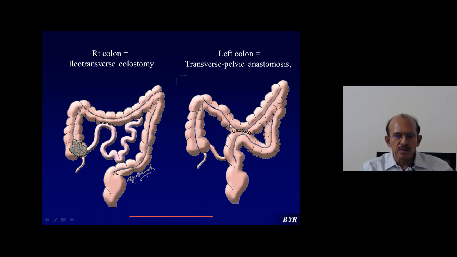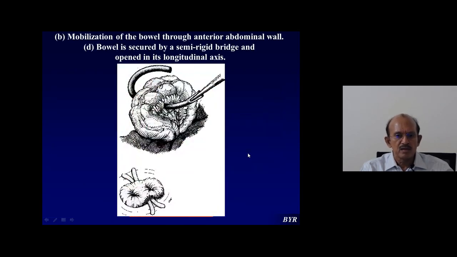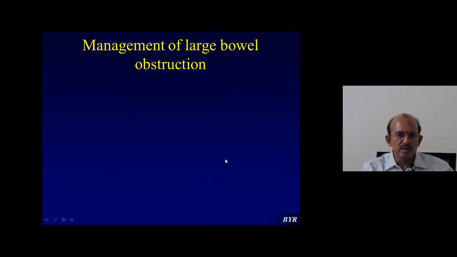This is transverse pelvic anastomosis. This is descending colostomy for a rectal cancer. For hepatic flexure growth, if the patient is not fit for ileotransverse colostomy, you can do a cecostomy or ileostomy. Of course, these are the colostomies.